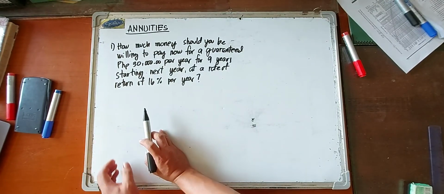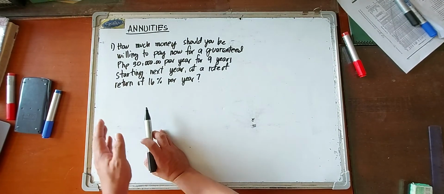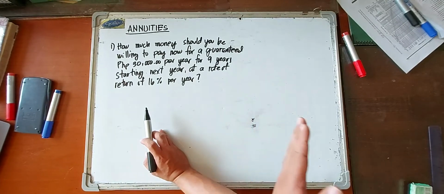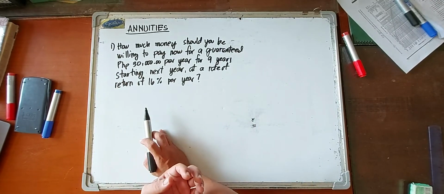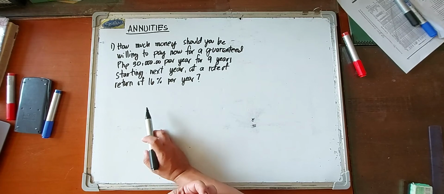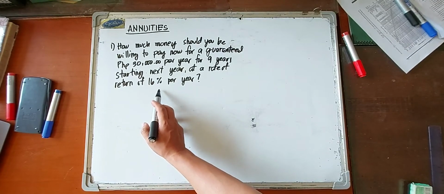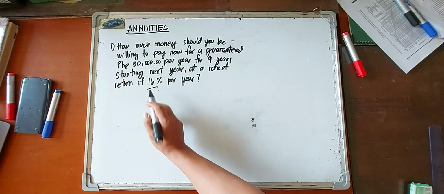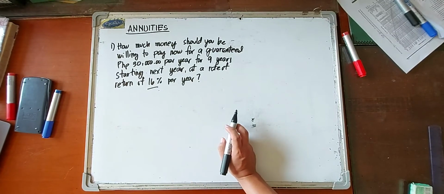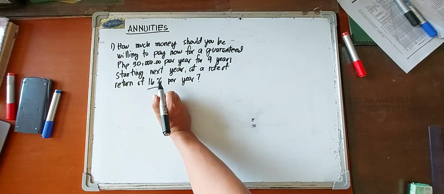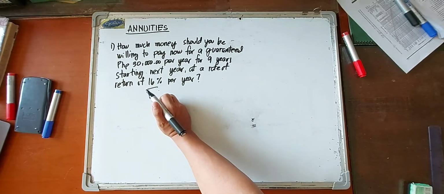So yun ang ide-deposit natin, so that for the succeeding years up to the 9th year, I will be receiving 30,000 pesos at the rate. So yung rate of return natin, yung interest natin is 16% per year. Medyo malaki yung interest rate natin na 16% per year.